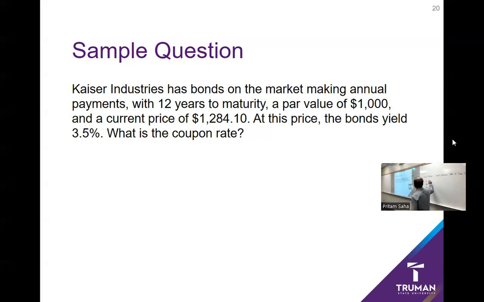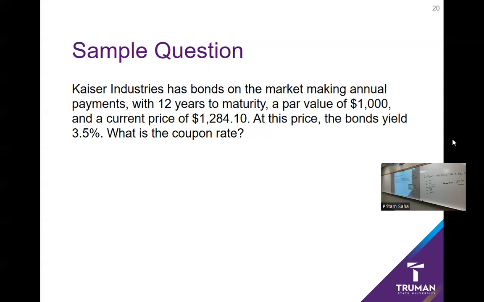Rate of return 3.5, face value 1000, N 12. The payment is 64.40. The formula is on top. So 64.40 divided by 1000, so the coupon rate should be 6.44%, right?